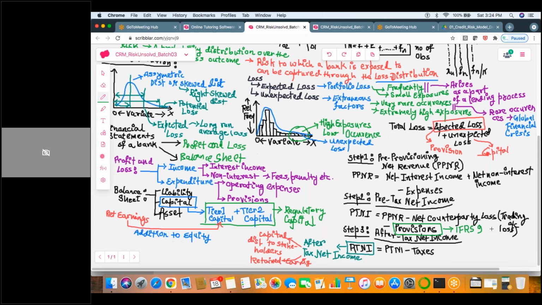So think about it this way: I have sold goods on credit to a person, and what I have done is I have hedged my product using some options or swaps, right? So what is that swap?